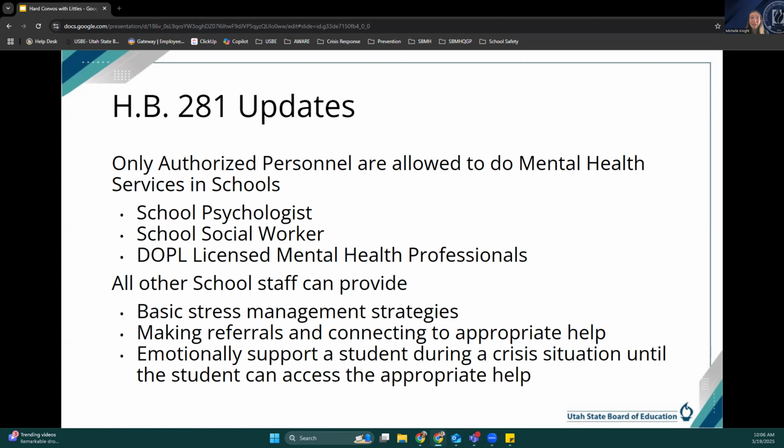Now, that is a tricky sentence as well, because even if a student comes the day after a crisis or a week after a crisis and it's in relation, that is no longer considered a crisis situation. We want to be really clear that a crisis situation is right there in the moment as it's happening. But if someone comes to you following up, then that's already not a crisis situation, and that's where you just have to refer and connect to appropriate help.